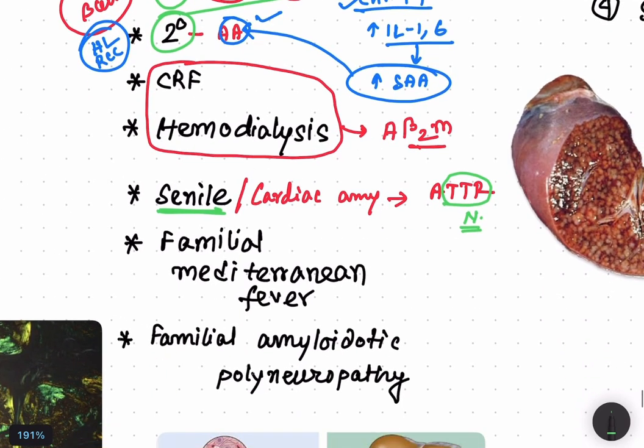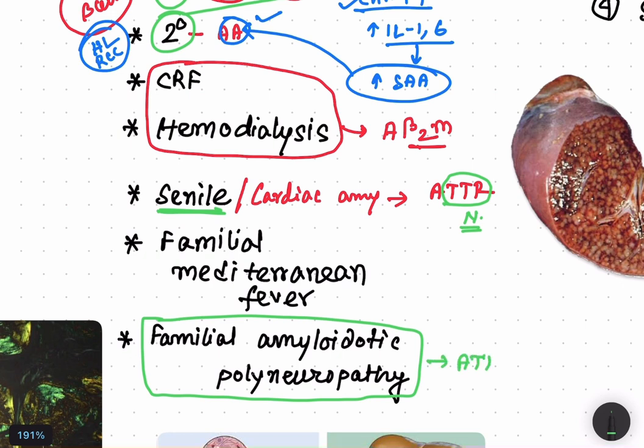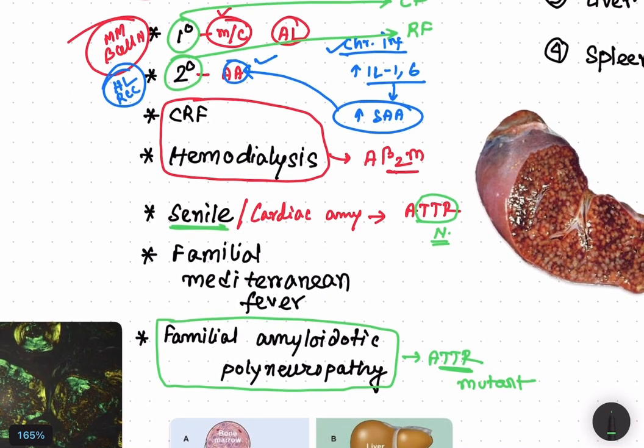But in case of familial amyloidotic polyneuropathy, as I told you, here also you see ATTR, but here this transthyretin is a mutant variety. Familial Mediterranean fever, here you will see the A variety of amyloid. Also, sometimes a specific one can be given like A pyrene.